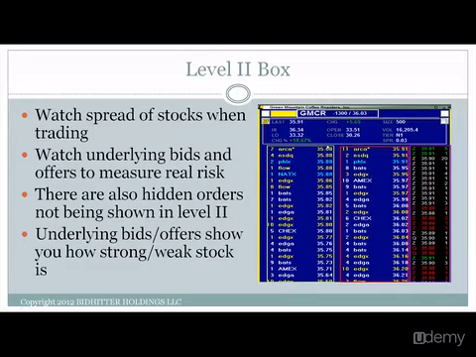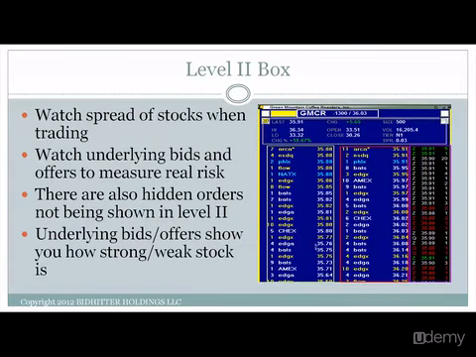Remember, these are the orders that are being shown. There are also hidden orders, but they're not shown in the level 2. But you can't always rely on hidden orders. You always got to measure your real risk by seeing here, so you get a proper risk to reward ratio, and you could properly know what you're risking.